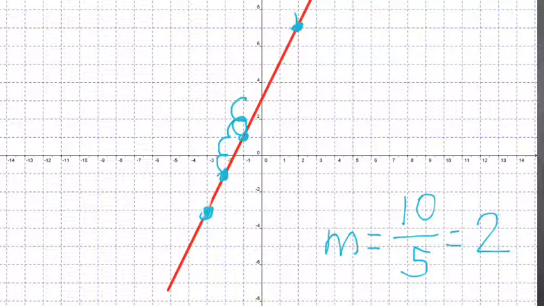Rise 2, run 1, I hit another point. Those are whole number slopes. Whole number just means the number over 1, which means you rise 2 and then you run 1. Rise, then run, rise, then run. Very quickly.